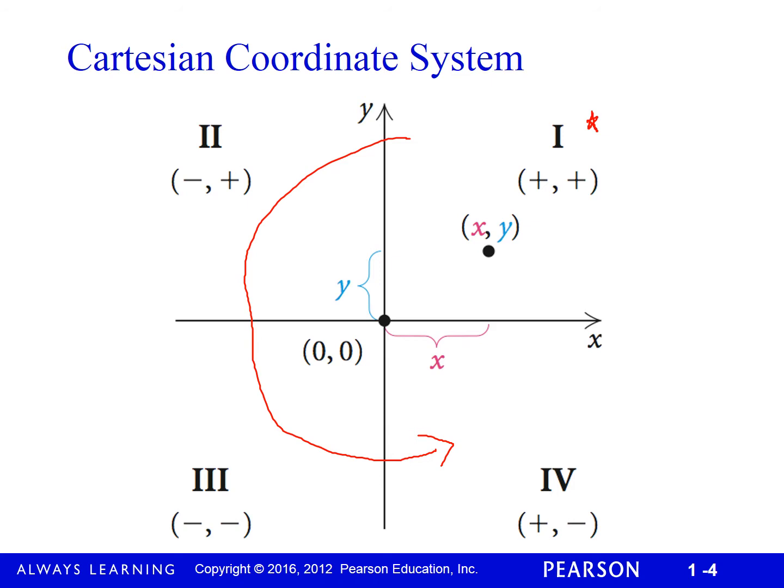And there are 4 quadrants. So in the first quadrant, everything is positive. So for example, we might have a point 5, 3, where everything is positive. The 5 is positive and the 3 is positive. But then when the signs change, you end up in a different quadrant.